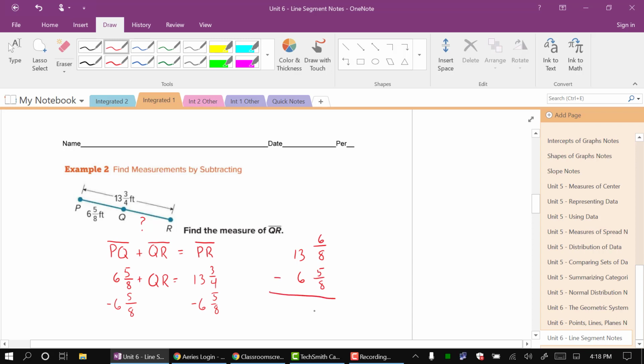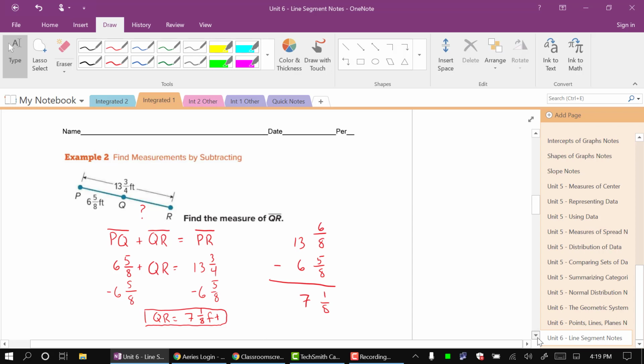So 6 minus 5 is 1/8, and 13 minus 6 is 7. So QR equals 7 1/8 feet. Again, I took my whole length and subtracted the part that I had to find the other part.